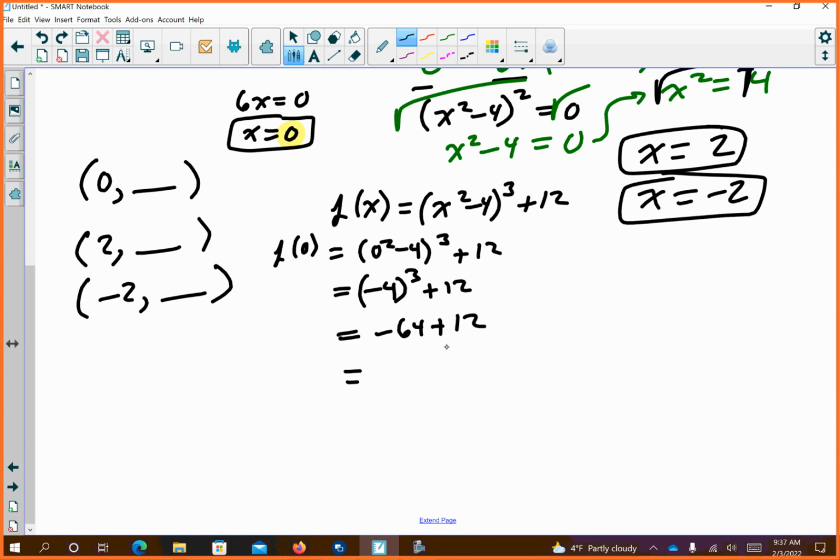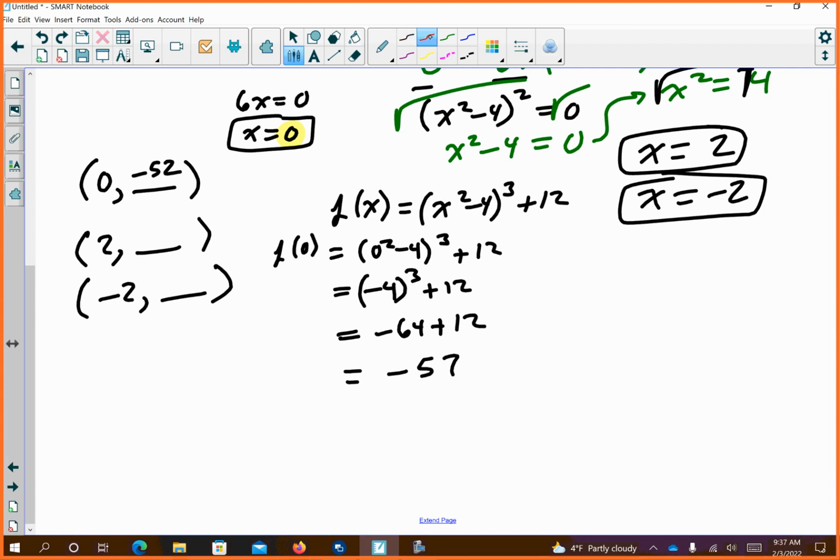So negative 64 added to 12 is going to be negative 52. So at 0, comma negative 52, that is a point that would be a turning point, whether it's going up to a maximum or coming down to a minimum. But right at the exact maximum, right at the exact minimum, it's going to work.